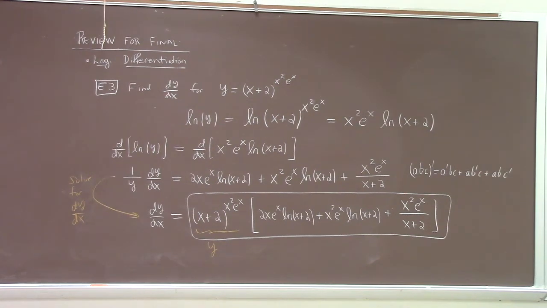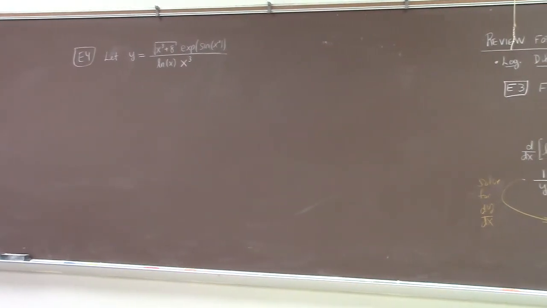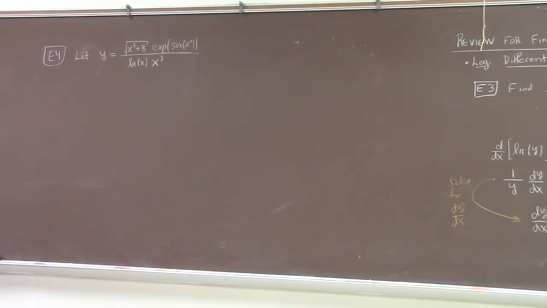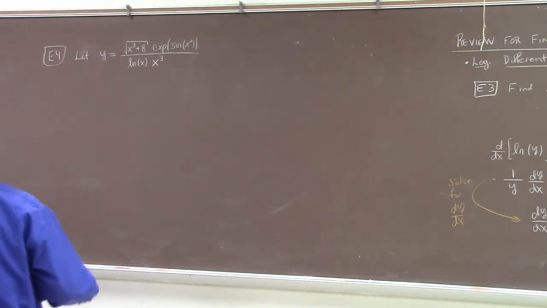Right? So if you just straight differentiated this, it would be very annoying. I mean, you'd have to use the quotient rule. It'd be a real pain, right? But if we use logarithmic differentiation, it's actually not too bad. Let me show you how.